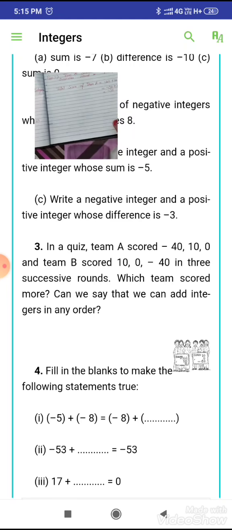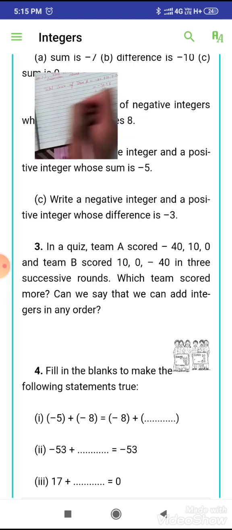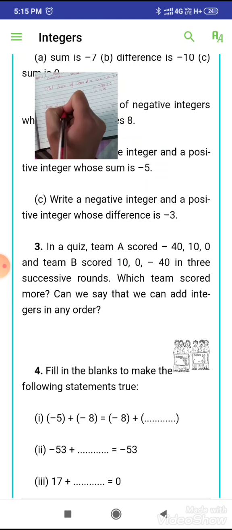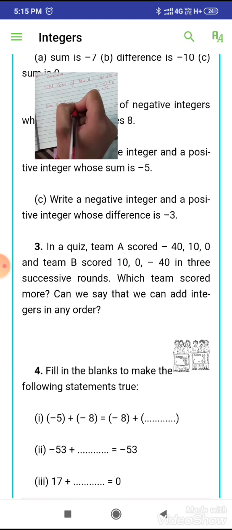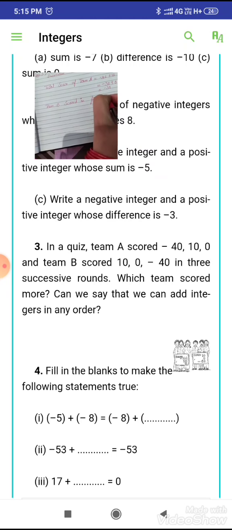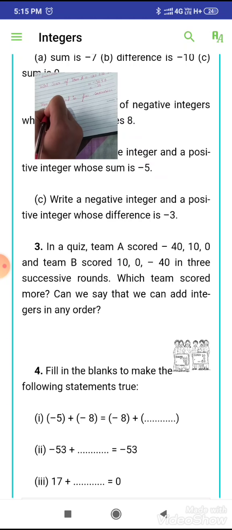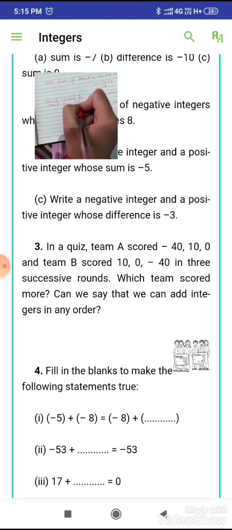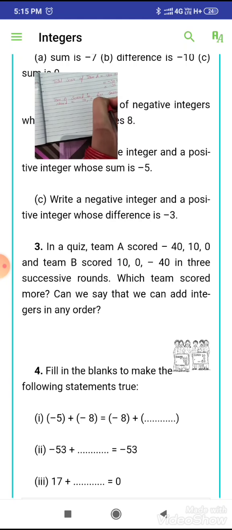Same we will do for team B. Team B scored in 3 successive rounds 10, 0, -40.